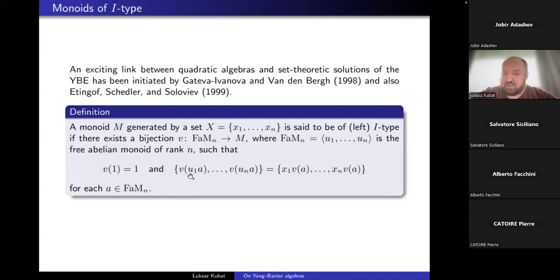You multiply this word by generators u1 up to un, and then apply the bijection v. So the words on the right are a permutation of the words that appear on the left. And because of this, if you fix a generator from X, this will give you a map between X square and X square. So having such a monoid of I-type, there is automatically associated a map from X square to X square.